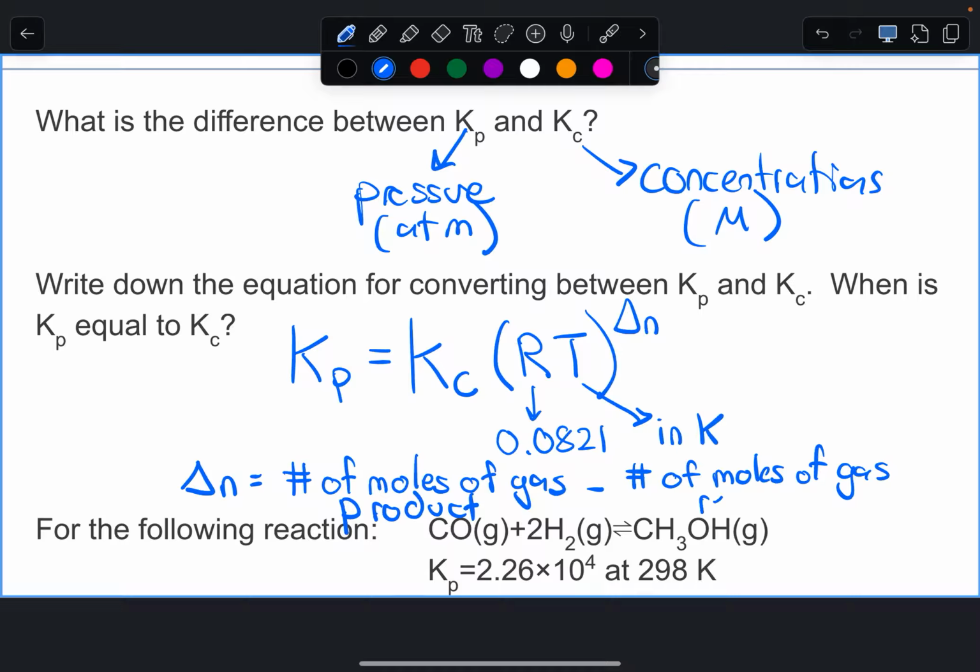Remember, change is always products minus reactants or final minus initial. So for this equation, you've got 1 mole of gas in the product, and you've got 1, 2, 3 in the reactant. So it would be 1 minus 3 or negative 2.